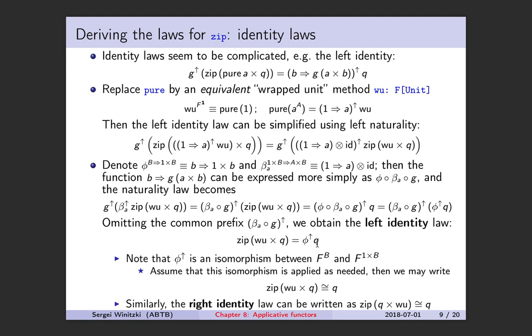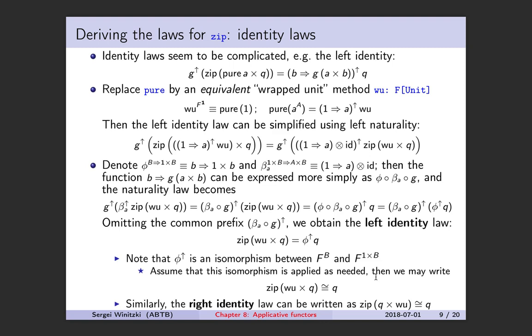So now phi is this isomorphism between B and the tuple of unit and B. Again, this is a kind of trivial isomorphism that we can apply whenever needed. We don't want to keep writing phi all over the place. Phi lifted to f is the isomorphism between these two.